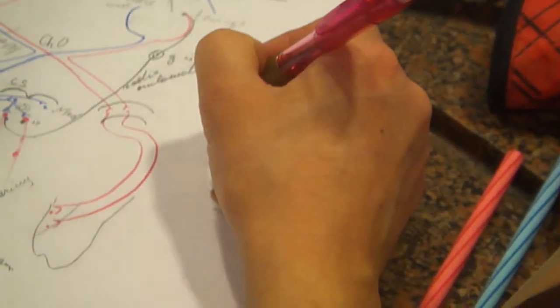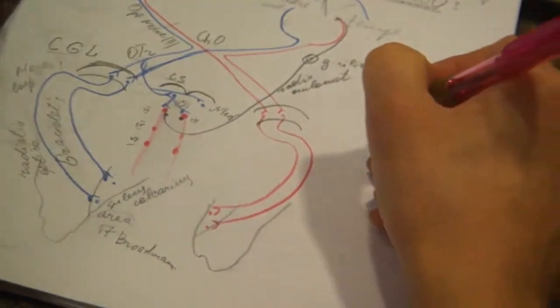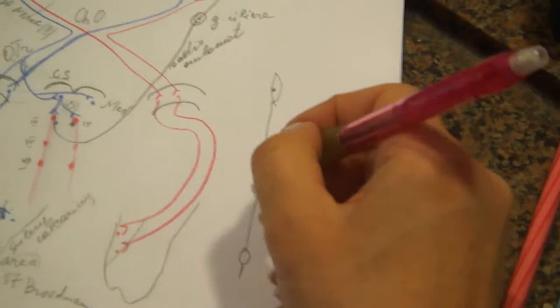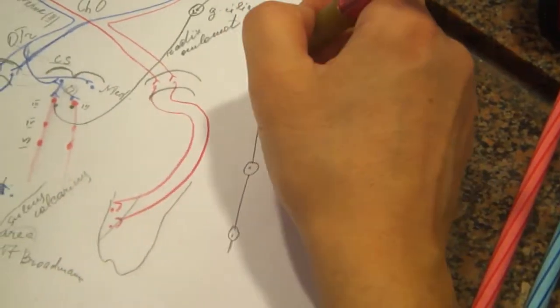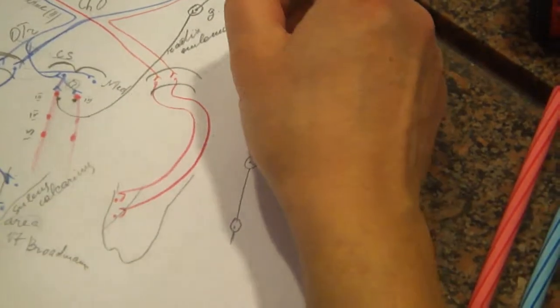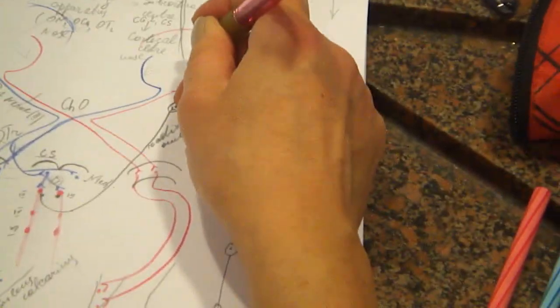And dilatator pupillae receives innervation from the neck region, where we have ganglion cervicale superior. Sympathetic trunk ganglia: ganglion cervicale medius, inferior. They come to the superior, and postganglionic fibers will come to the musculus dilatator pupillae.